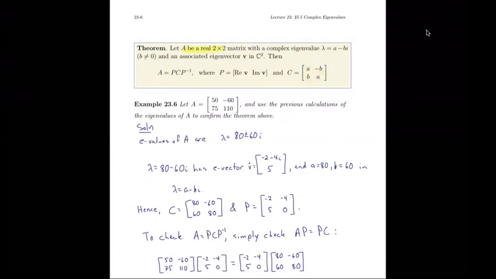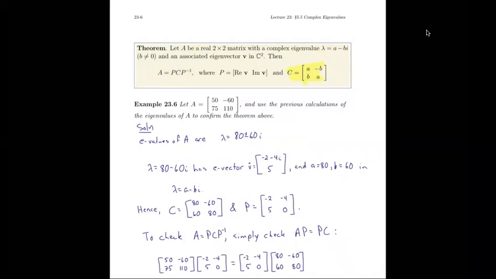But for any matrix A that has a complex eigenvalue, and we've written it in the form a minus bi just because it's convenient for this formula down below, but if there was a plus here, we could change all that around as needed, if we're given any matrix that has a complex eigenvalue, then based on this equation right here, it is similar to a rotational and rescaling matrix C. This kind of seals the deal.